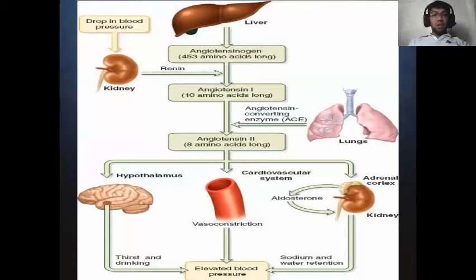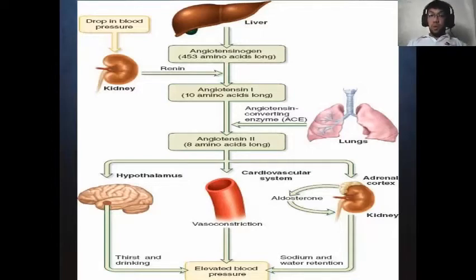Now, that angiotensinogen, which is produced by the liver, is going to be converted by the renin into angiotensin 1. And once the angiotensin 1 reaches the lungs, it's going to be converted by the ACE. Take note, the ACE. What does ACE stand for? Angiotensin converting enzyme. So, angiotensin 1 needs ACE in order for it to be converted to angiotensin 2.